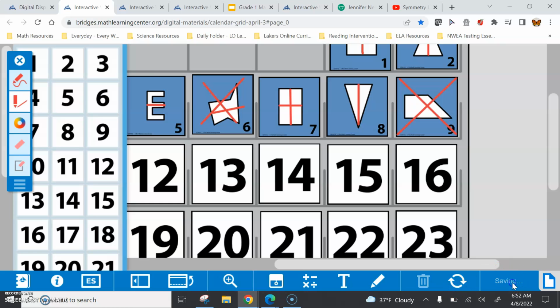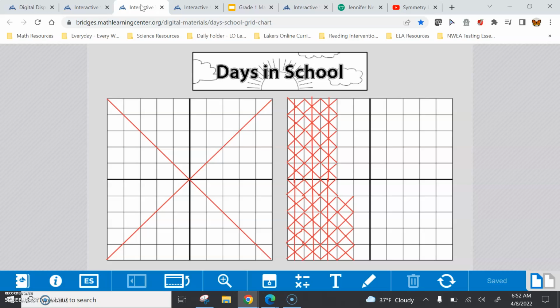Let's go on to our other activities for the day. We look at our days in school. Believe it or not, we have been in school 100. Remember, all these squares equal 100, 110, 120, 130, 131, 132, 133, 134 days together.